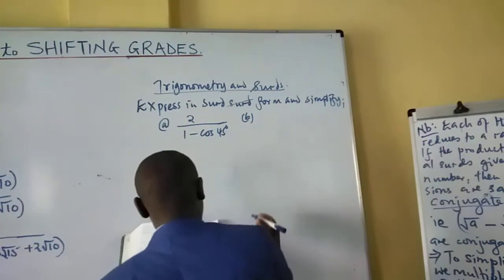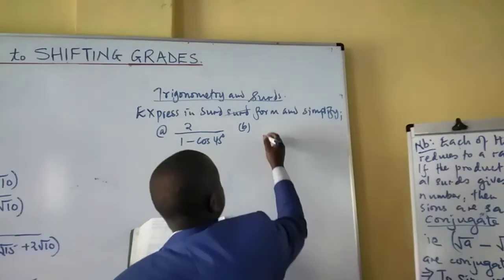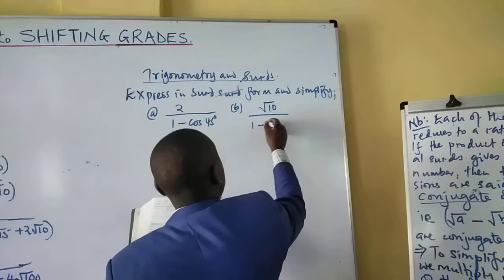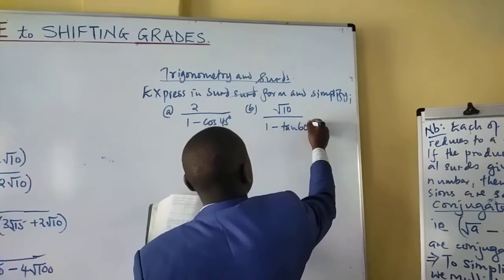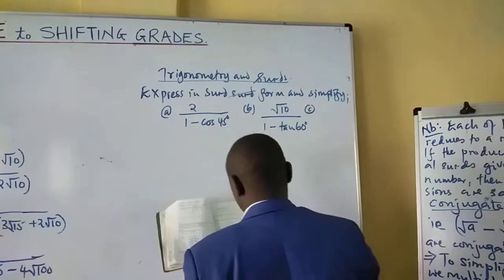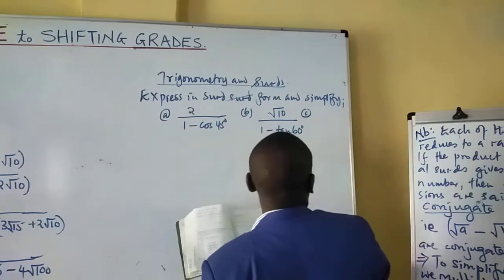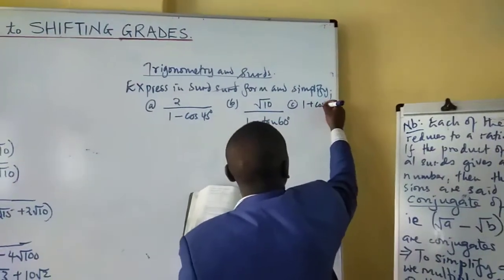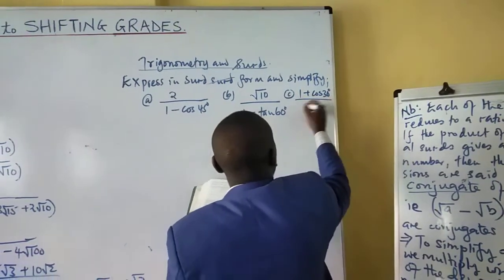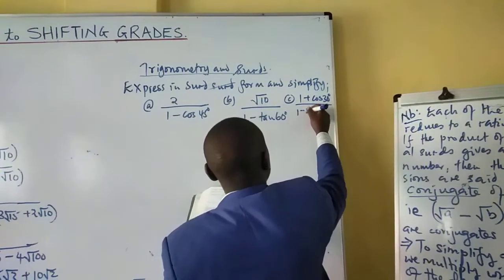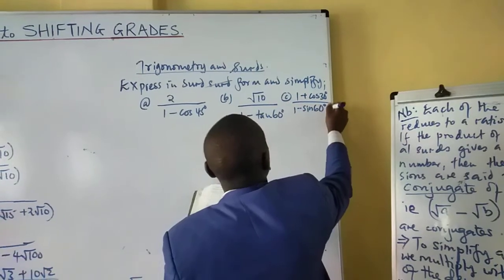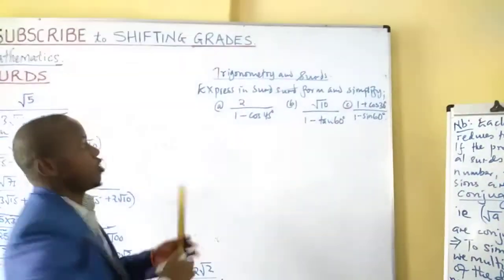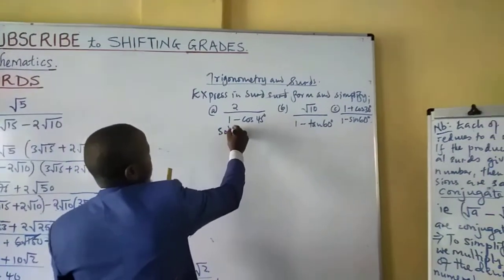B, another question can be root 10 all over 1 minus the tangent of 60 degrees. Another question can be 1 plus cos 30 degrees all over 1 minus sine 60 degrees. Therefore, this is how we operate them. Solution.